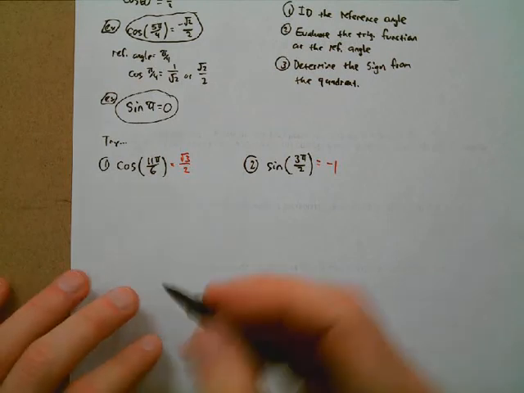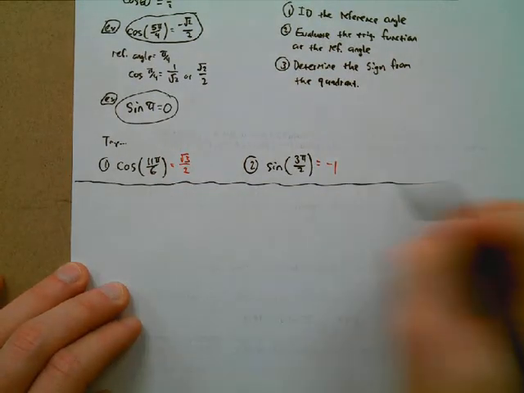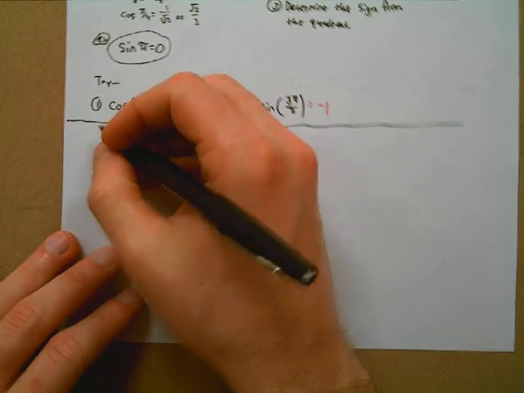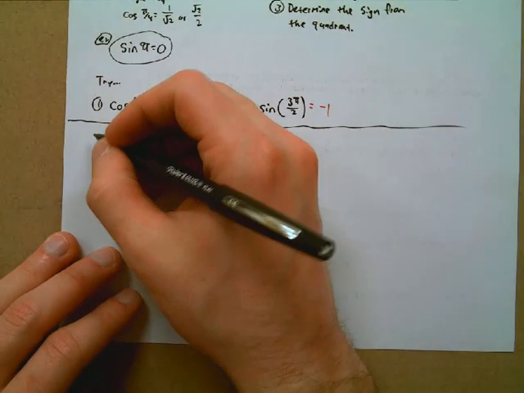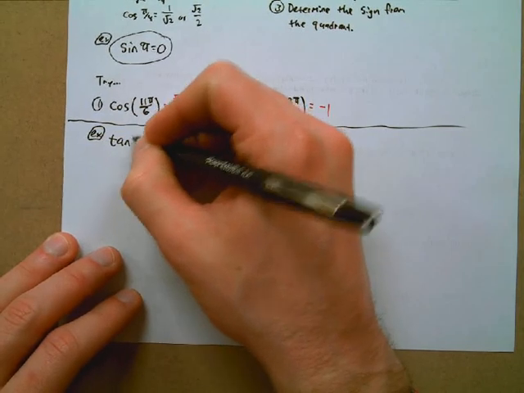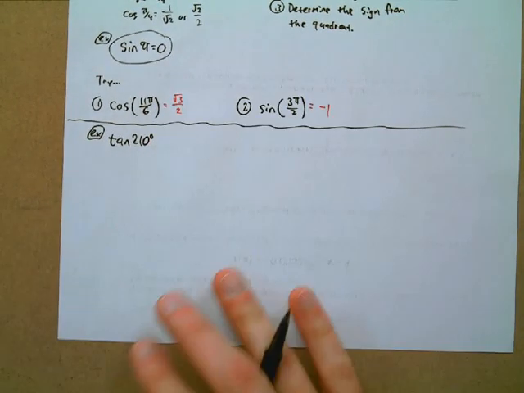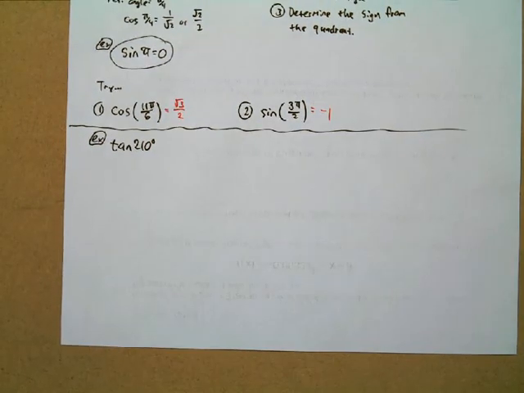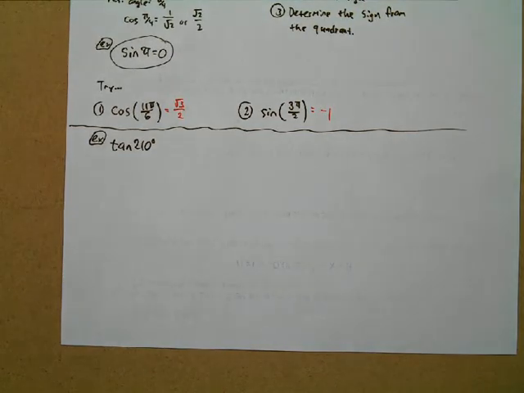All right. So let's talk about other angles here. For example, what about the tangent of 210 degrees? Well, what's the reference angle for 210 degrees? How far is it from the x-axis? The reference angle has to be between 0 and 90.